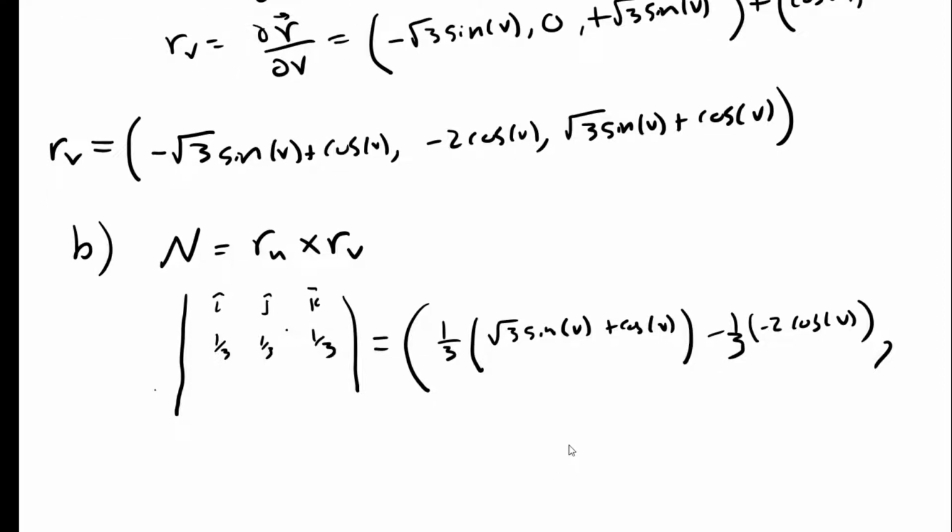The j component, we cross this out, so we get 1/3, same but negative. No, sorry, yeah, it's going to be the same but negative now. Sine v plus cosine v. And then minus, so that's going to be plus 1/3 times this, which is going to be the same but opposite sign. So this is actually going to simplify to just 2 times this.